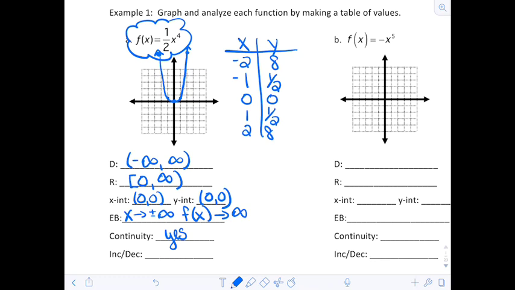Well, we have a critical point at 0, 0. So from -infinity to 0, this is decreasing as we read the graph from left to right. And then after we have that critical point at 0, after that it is increasing. So 0 to infinity is increasing.